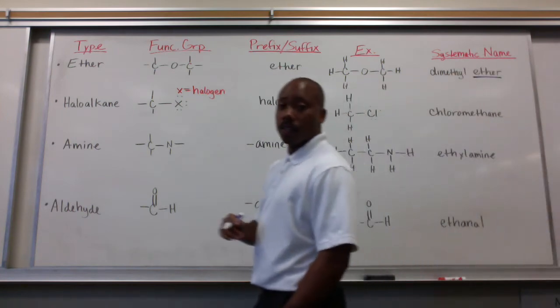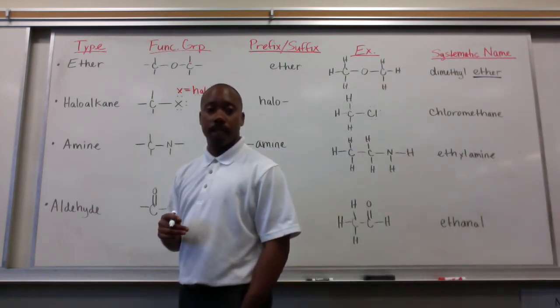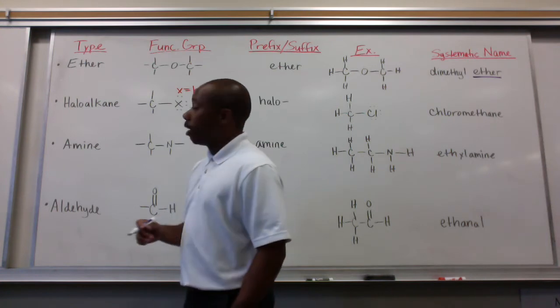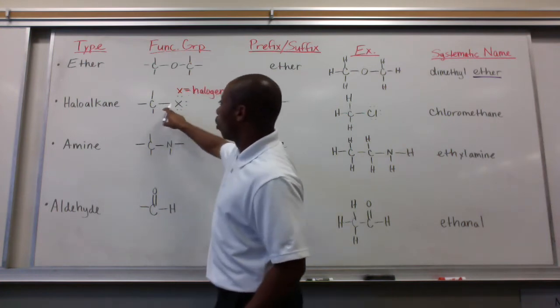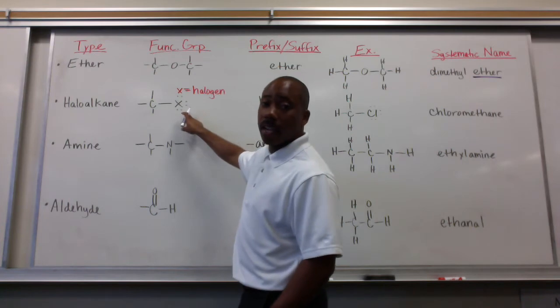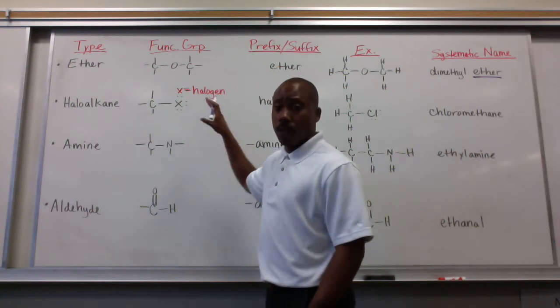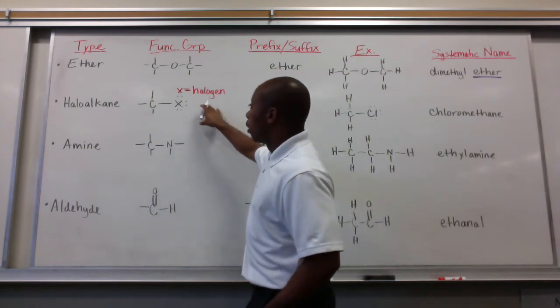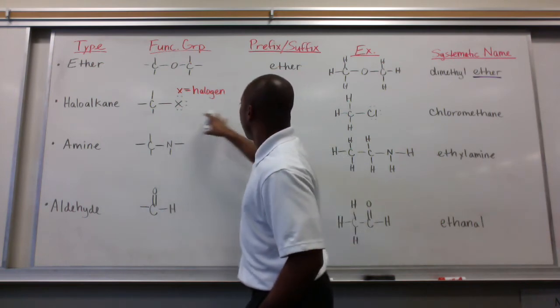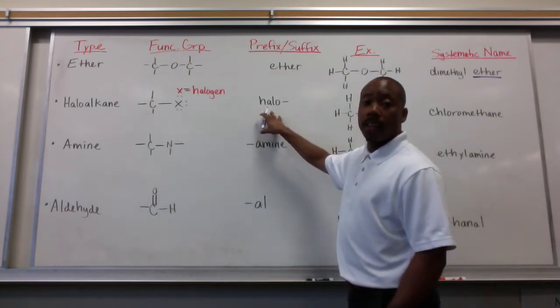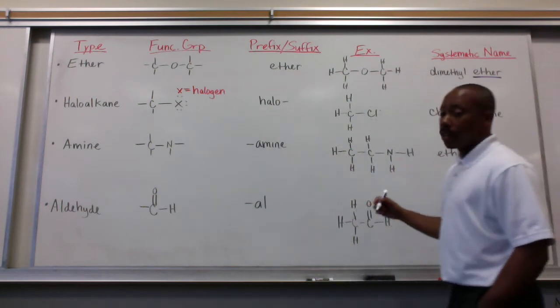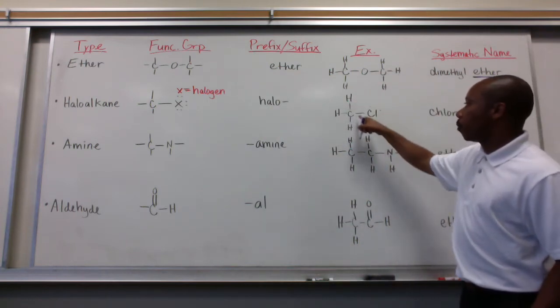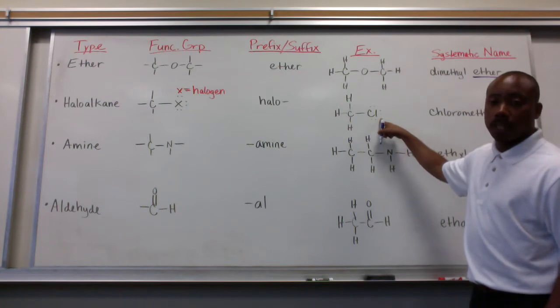Our next type of functional group is a haloalkane. In a haloalkane, we have a carbon single bonded to X. X represents any halogen. So any of our group 7A elements, we would insert here. Our prefix that we'll use is halo. An example of that would be if we have a methyl group attached to a chlorine.